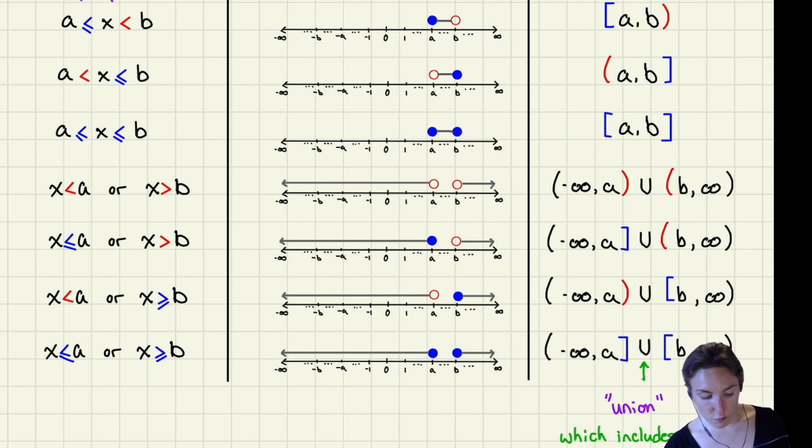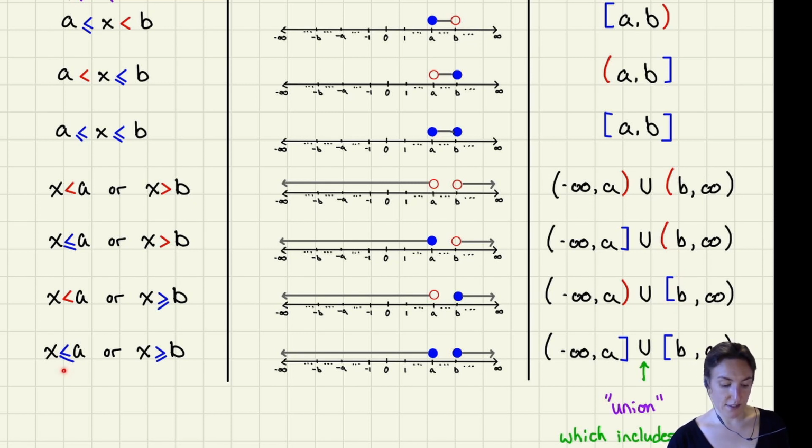Similarly, if I include one of my endpoints, so the first one I include a, the second one I include b, okay, my circle for the a part becomes filled in. For the second one, my circle for the b part becomes filled in. And I just have to change the bracket now to include a for the first one, and for the second one, I have to change it to include b.